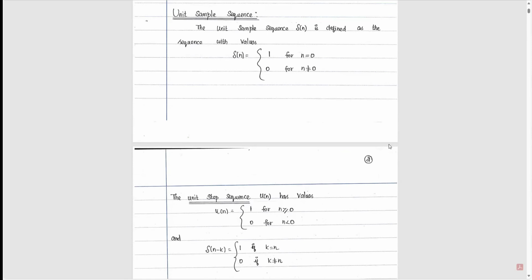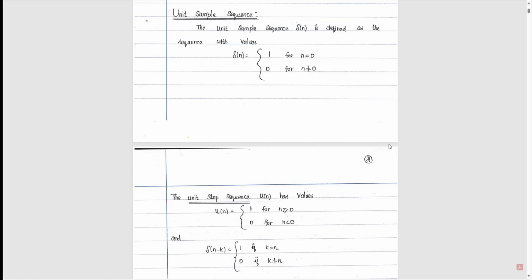Unit sample sequence. See, the unit sample sequence is denoted by s(n), and we will use this concept in questions. The unit sample sequence is denoted by s(n) and defined as the sequence with values s(n) equal to 1 when n is equal to 0 and 0 when n is not 0.